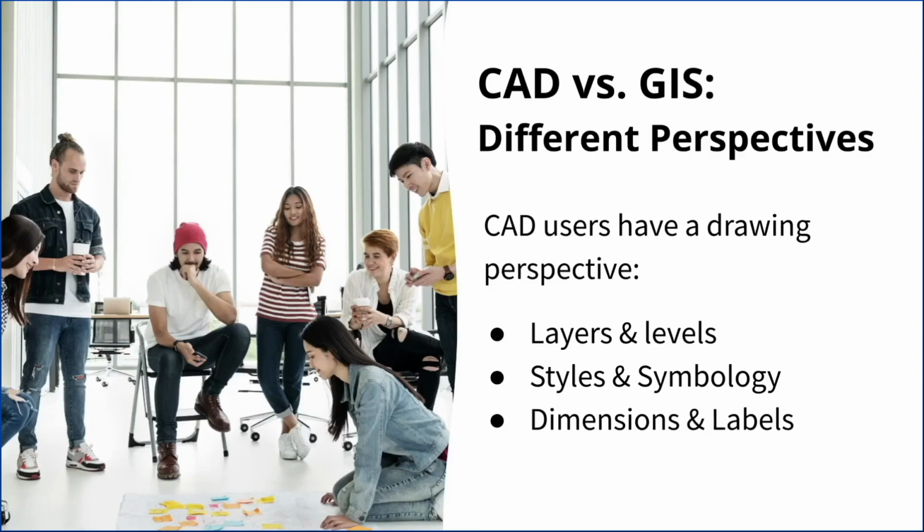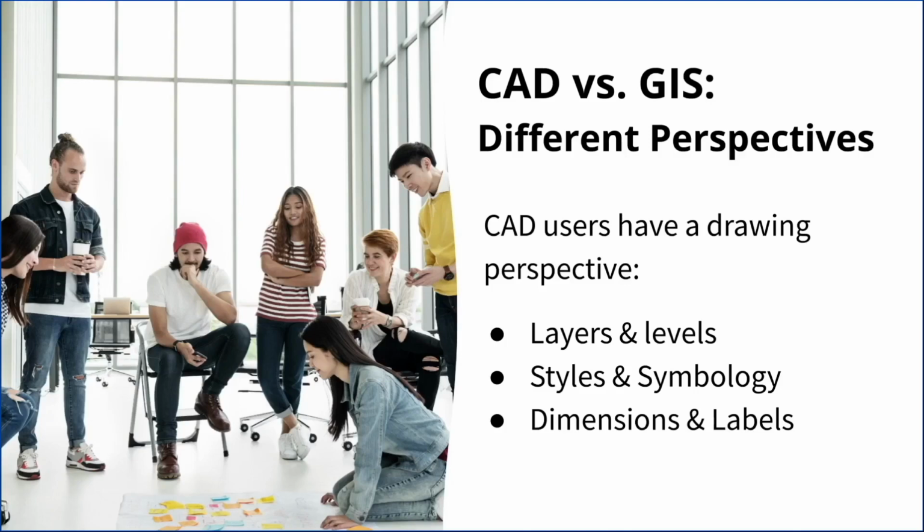Back to the topic at hand about CAD and GIS. There are two fundamentally different perspectives that these two worlds have, and that's why we've chosen the theme of building bridges, because they can be bridged, but it requires some understanding and finesse. CAD users tend to have a drawing perspective.